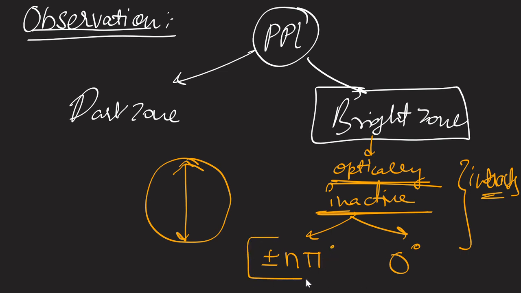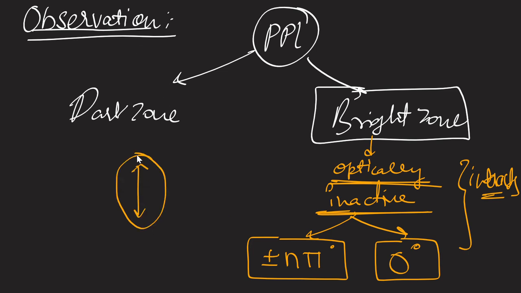Now why n pi degree? I don't have any means to explain, but I'll try my best. If I rotate it 360 degree, say I put a point here, it will rotate and the point will come again.